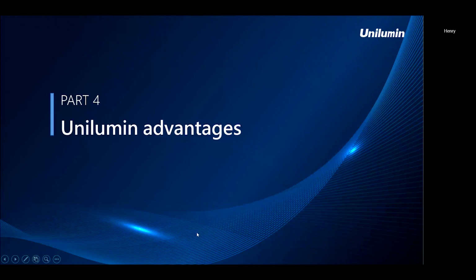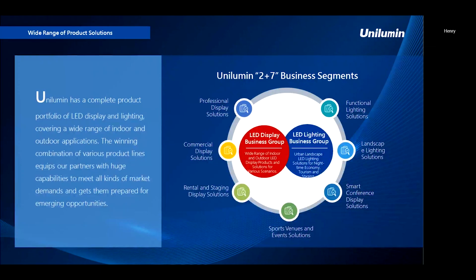Unilumin advantages. Unilumin has a complete product portfolio of LED display and lighting, covering a wide range of indoor and outdoor applications. The winning combination of various product lines equips our partners with huge capability to meet all kinds of market demands and gets them prepared for emerging opportunities.